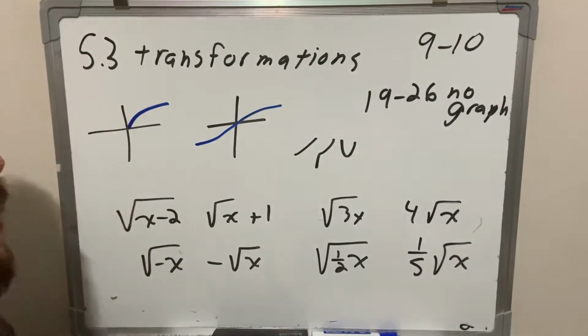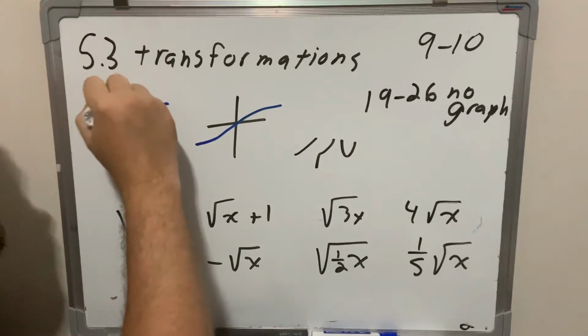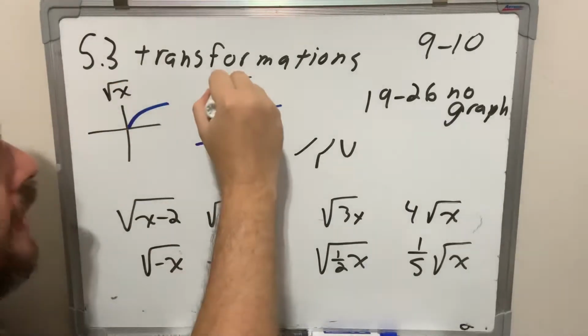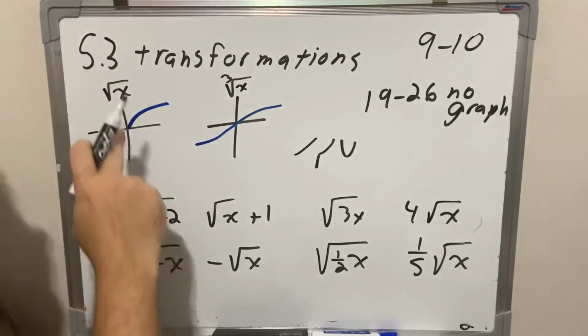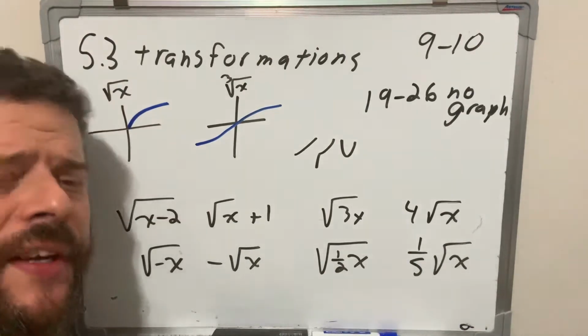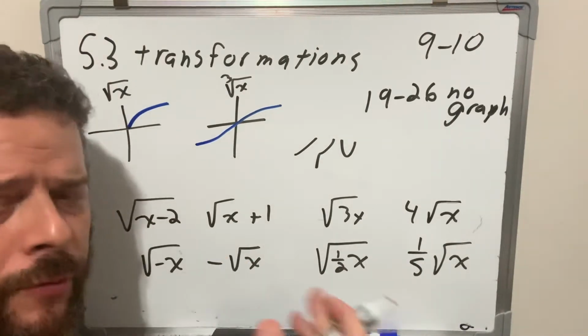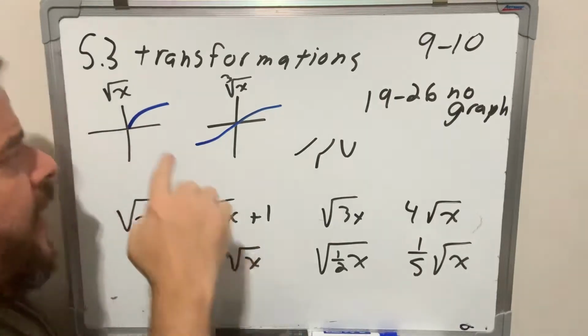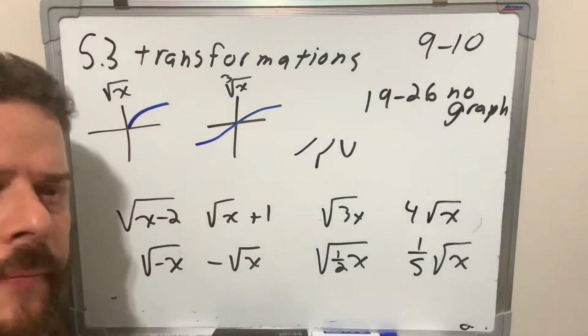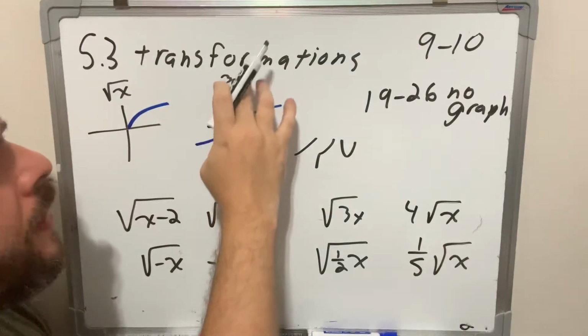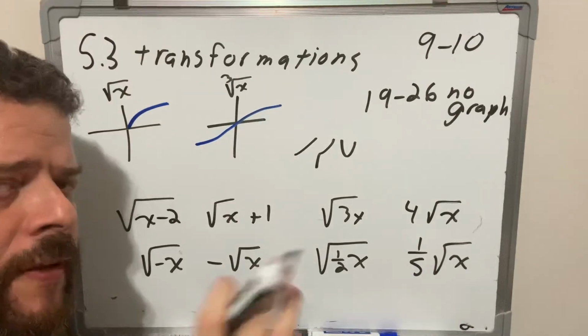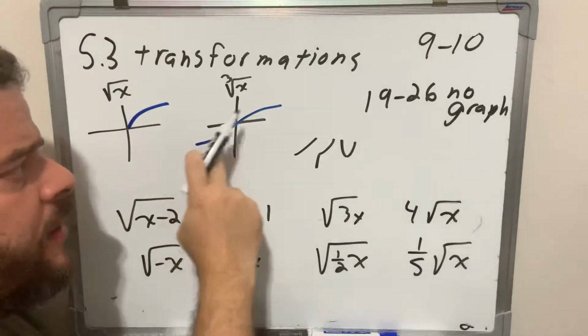Now, first of all, what do the graphs look like more or less? If it is a square root or an even root, to the nth root 4, 6, 8, it's going to look something like this. If it is a cubic root or an odd root, 5th, 7th, 9th, 11th, it's going to look like this.